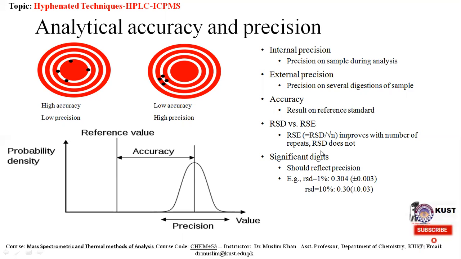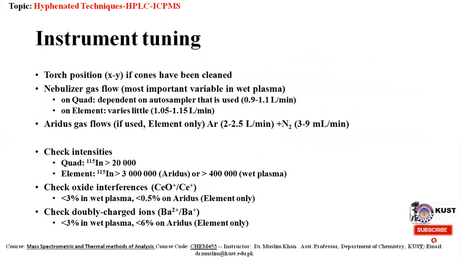The RSD should reflect precision, up to this one, relative standard deviation. When you are starting your experiment, you have to tune the instrument. How? You have to check the torch position, whether or not the cones have been cleaned.